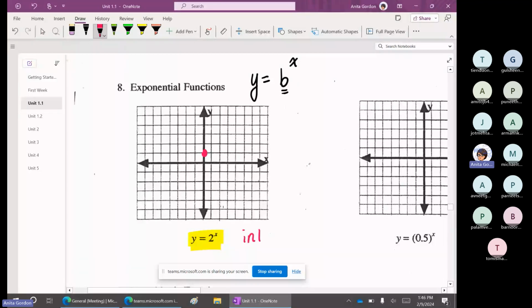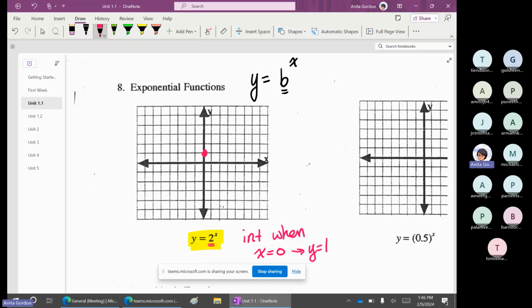So we have an intercept when x equals 0, and if I don't have a translation, it'll always be y equals 1. As long as there's no plus and minuses on the outside of the equation, I can replace that 2 with any number, and when x is 0, the intercept will always be 1. So that is a key point that we have to know.